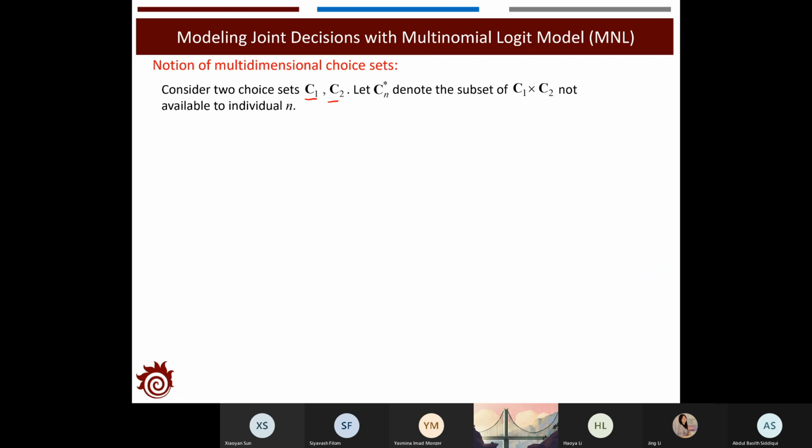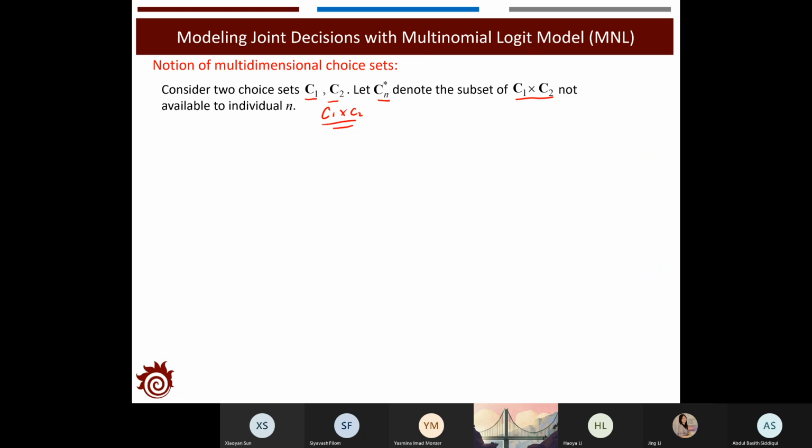Then the joint decision will be C1 times C2. The joint combination is C1 times C2, which is the total combination.